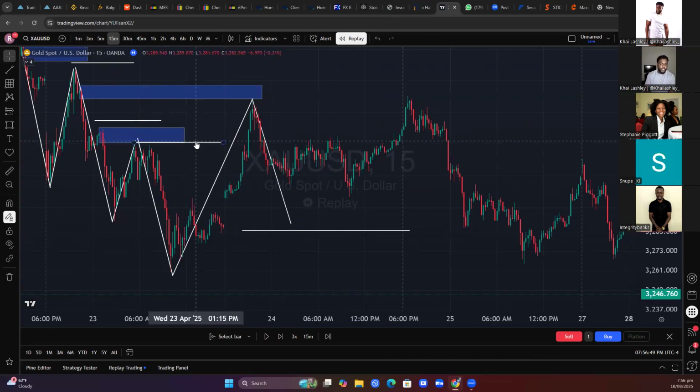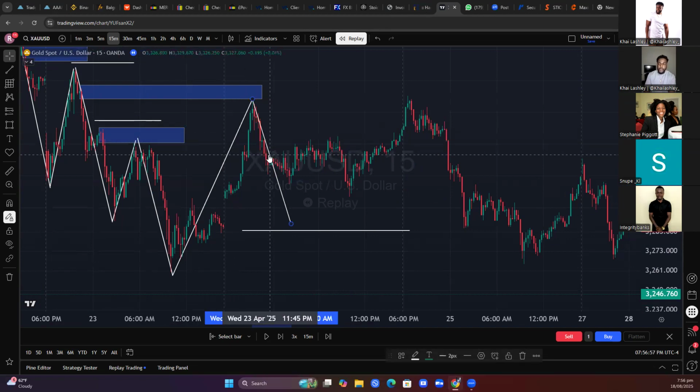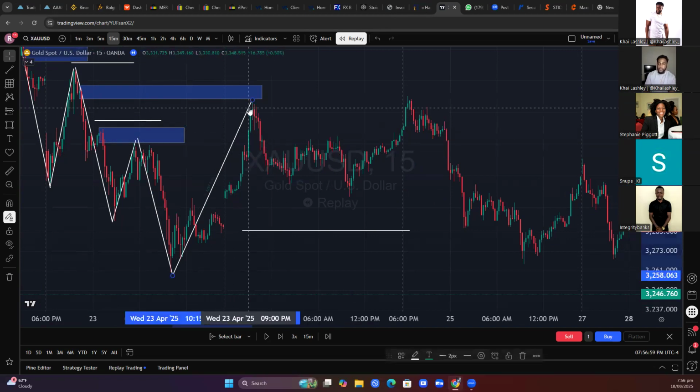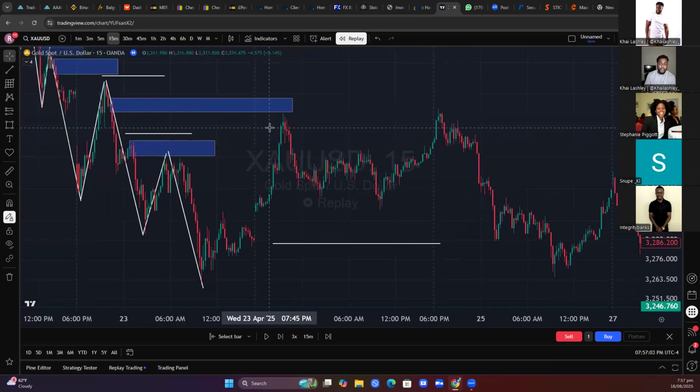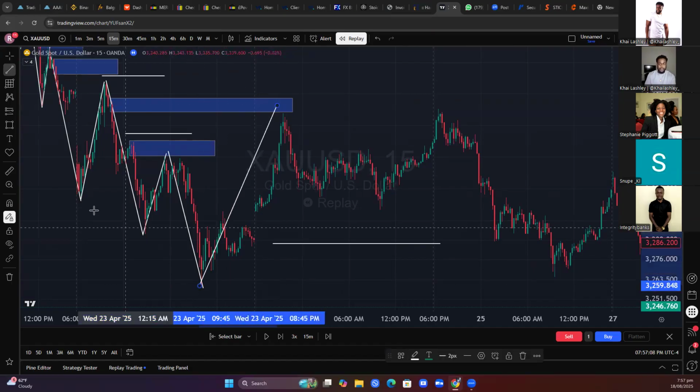Price didn't break any structure. The market just did not pull back as yet. We just had price create deeper lows before it actually went ahead and pulled back.